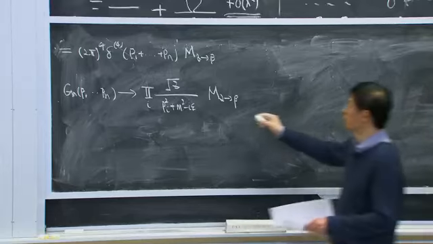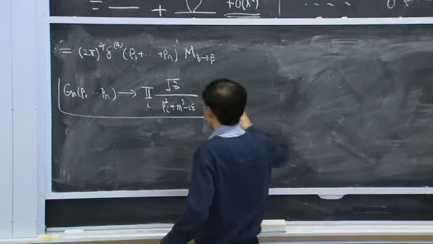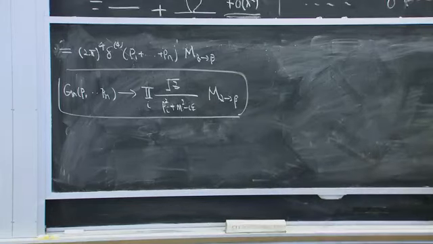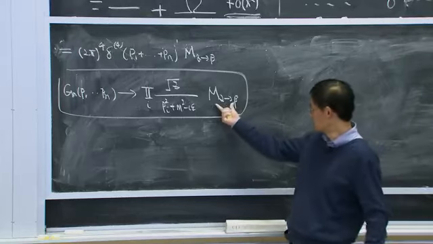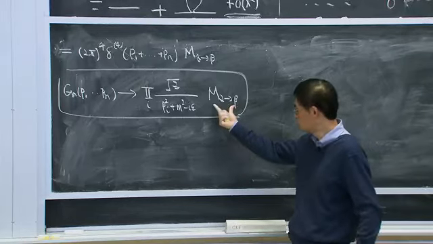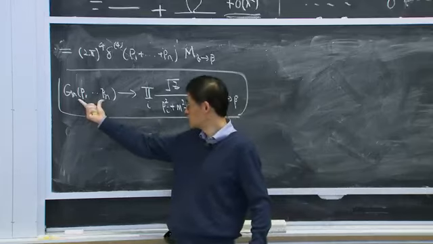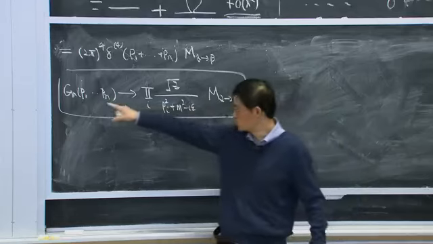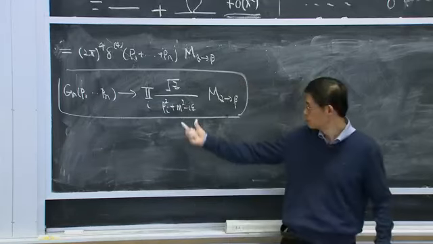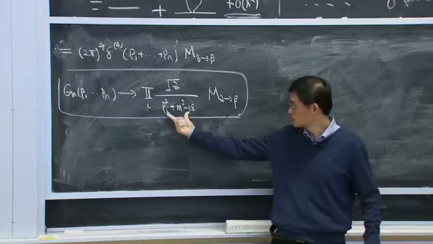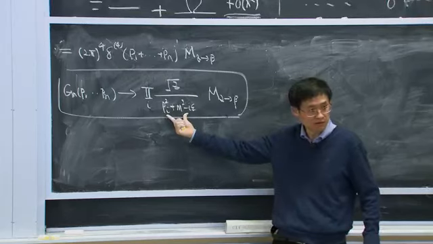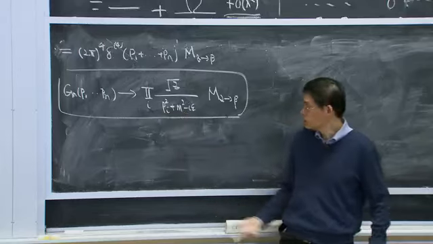So this is a statement of the LSZ theorem. It essentially tells you that such a scattering amplitude can be obtained from this. You multiply those things and then it is just equal to that. Now you observe these are precisely, up to this factor of Z, just propagators for the external legs.